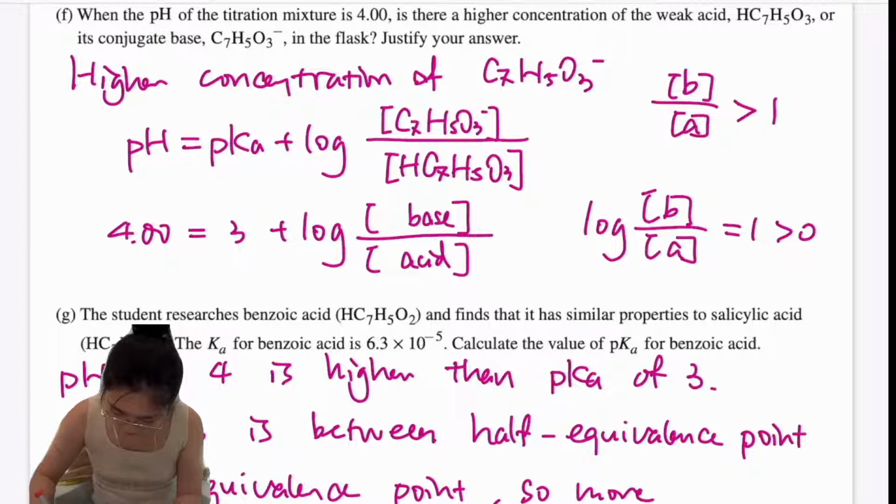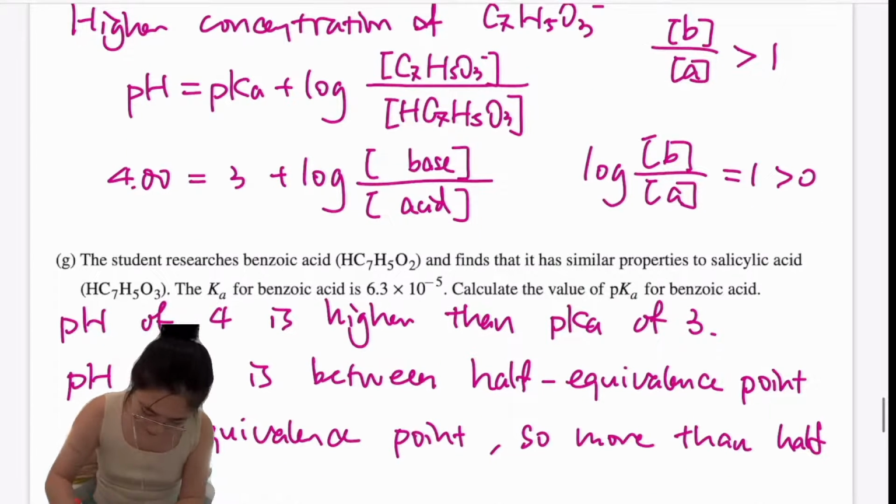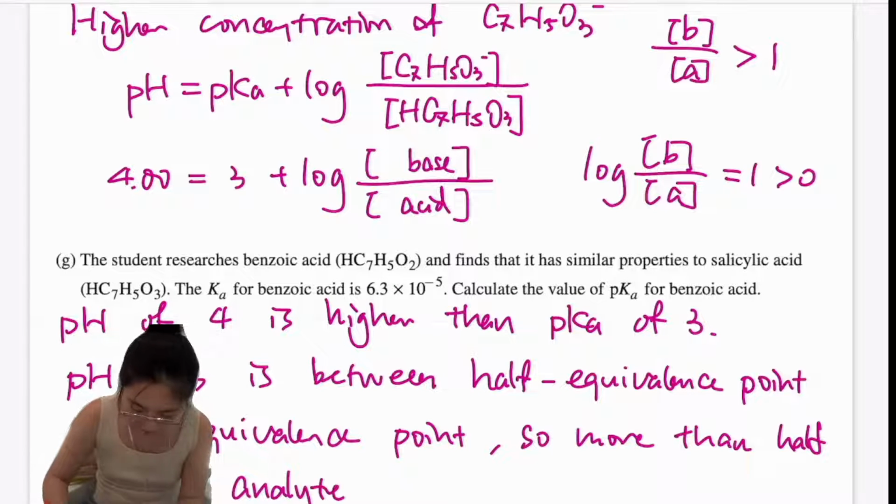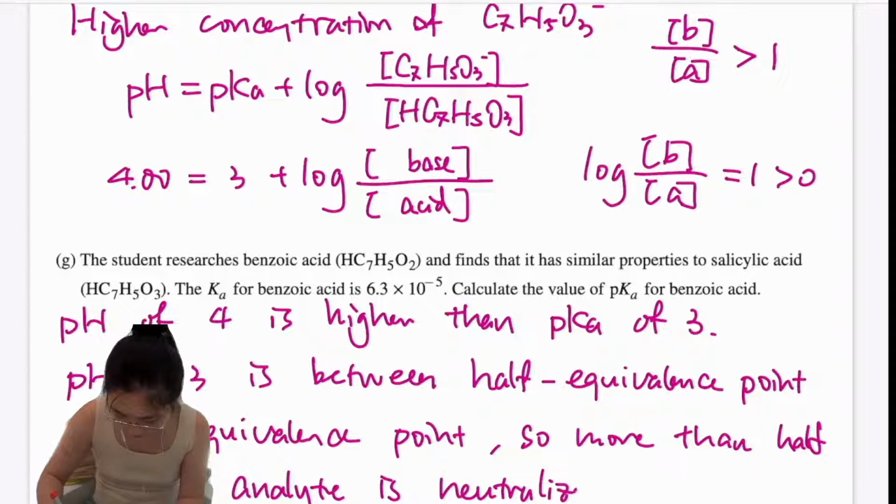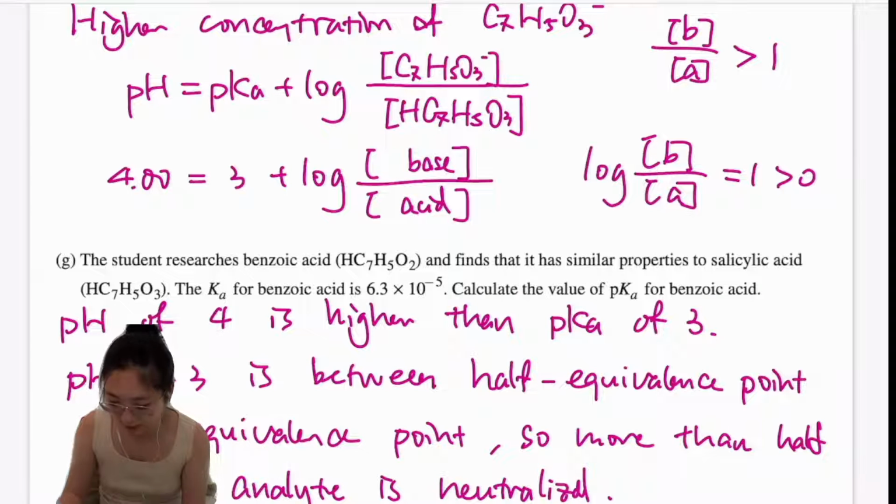So more than half of the analyte, or whatever the acid that we study, is already neutralized. So we have more of the conjugate base than the acid.